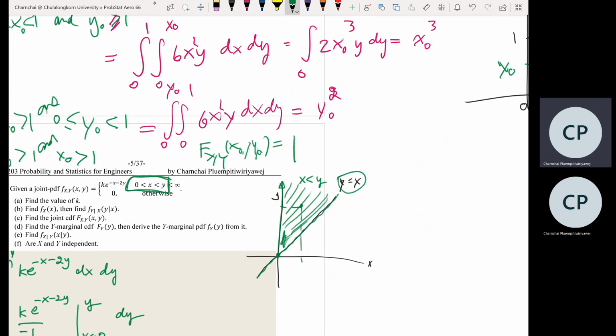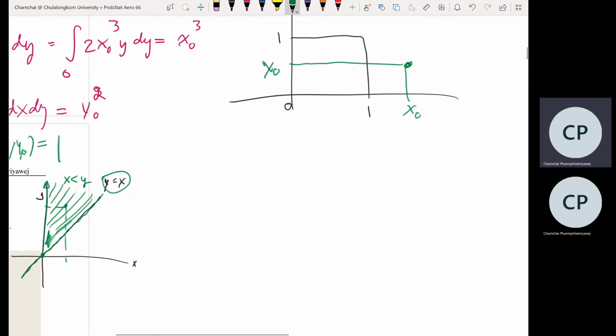Okay, next we want to find f of x. What is f of x called? Marginal.